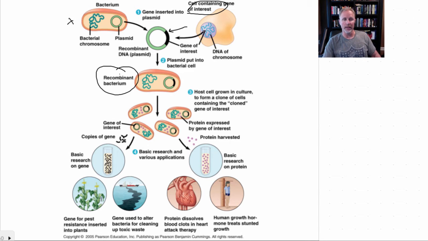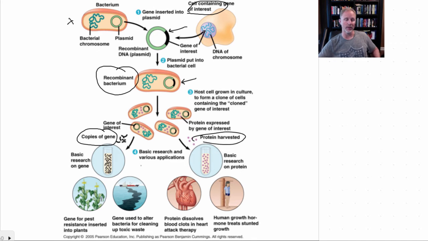Then we're going to have to select for the presence of this gene in the bacterium, and we'll go through this in another one of the lectures coming up. Once we've identified that gene of interest, we can start putting it into particular organisms and producing the proteins that we're after.